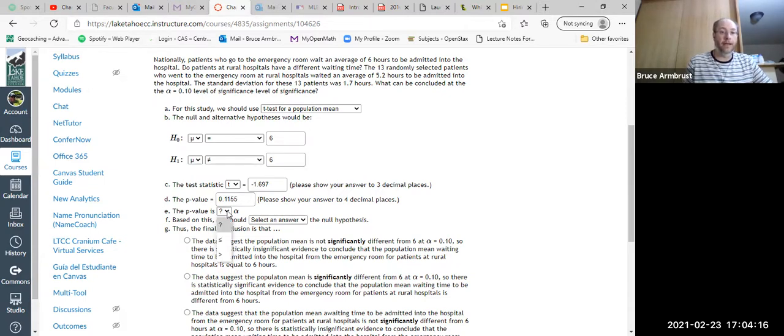All right, so again, this p-value is bigger than alpha. So what do we do with the null hypothesis? We really only have two choices, right? Because we never accept. Do we reject it or fail to reject it?